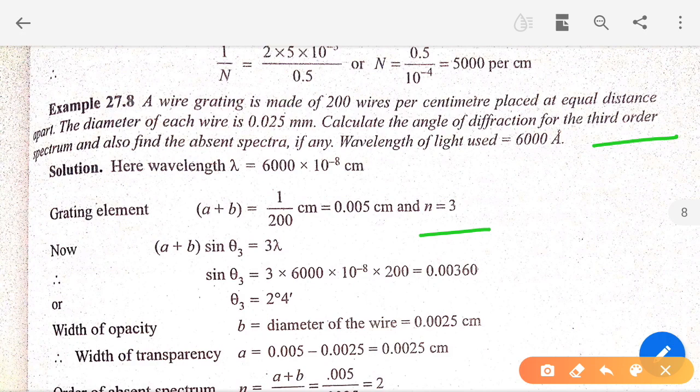We know the formula a plus b sin theta is equal to n lambda. N is 3, that's why 3 lambda. Sin theta for the third order is 3 into lambda divided by a plus b, so 3 into the value is 0.0036, and theta is 2 degree 4 minute.